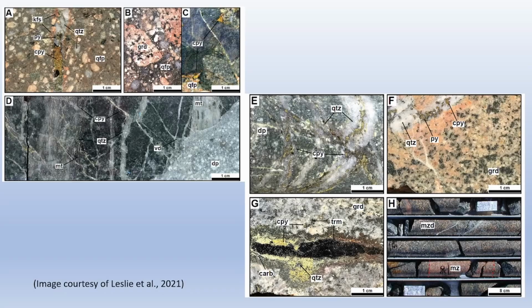Typical porphyry intrusions show porphyritic textures with plagioclase and quartz phenocrysts. So these equigranular textures are unusual, and they're common even in mineralized phases like granodiorite and monzodiorite.